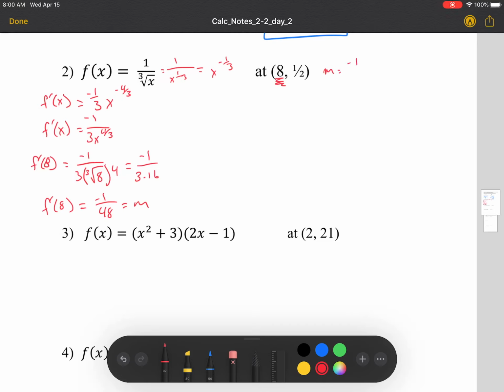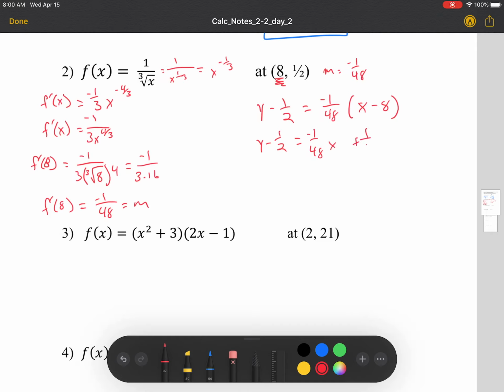Now we got our slope. We take it over to our point. Our m equals negative 1 over 48. We plug it all in: y minus 1/2 equals negative 1 over 48 times x minus 8.